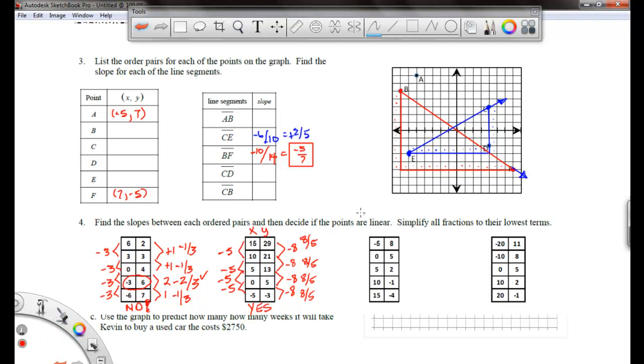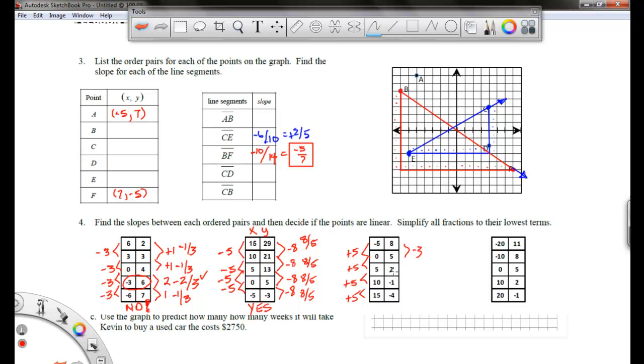Okay, let's finish this last one over here. So this goes up by 5, up by 5, up by 5, and up by 5. 8 minus 3 gives me that 5, so that's down by 3.